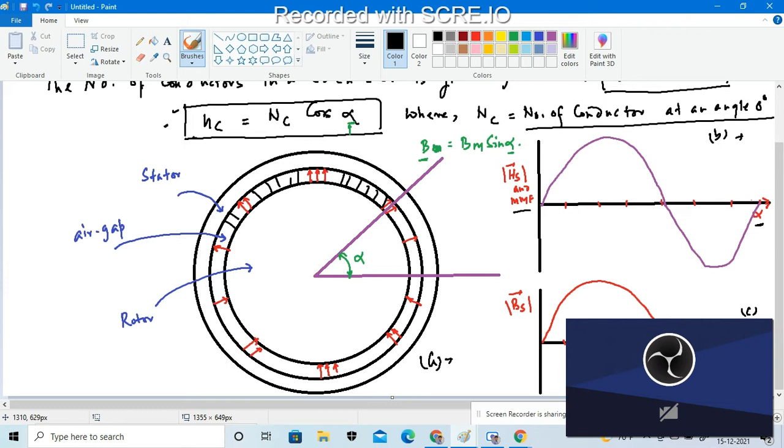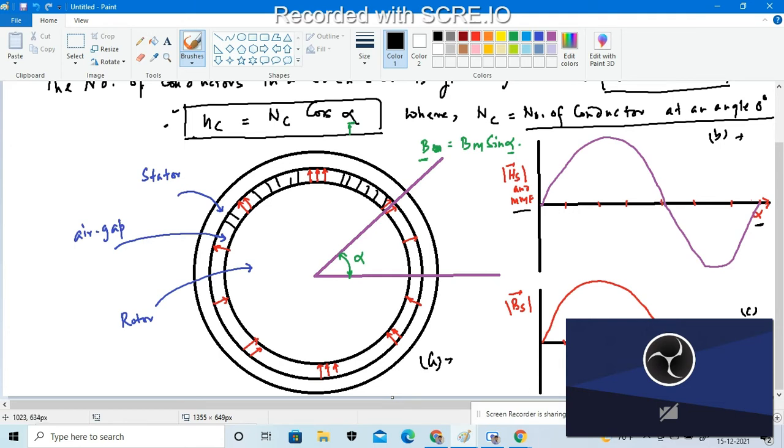Often it is convenient for the machine designer, whenever we have to design any such kind of rotor, to include an equal number of conductors in each slot instead of varying the number of conductors according to a particular equation.